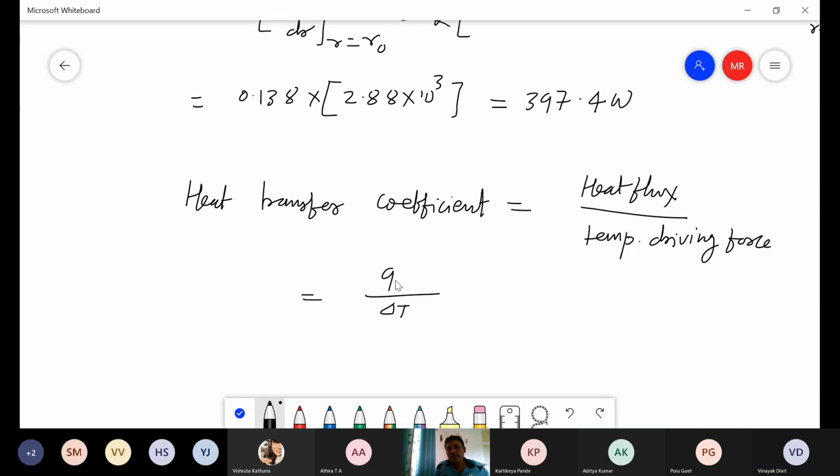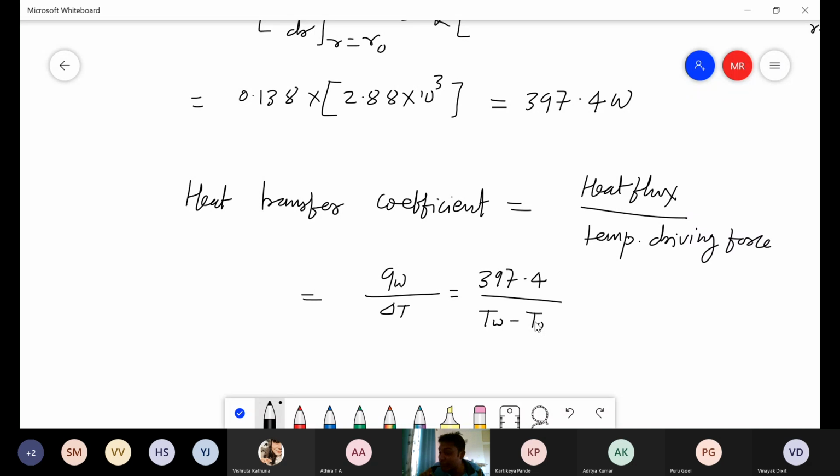Correct. So this is the equation. So what we can write down here is 397.4 is the heat flux which we have obtained. Delta T in this case is going to be T wall minus T bulk.